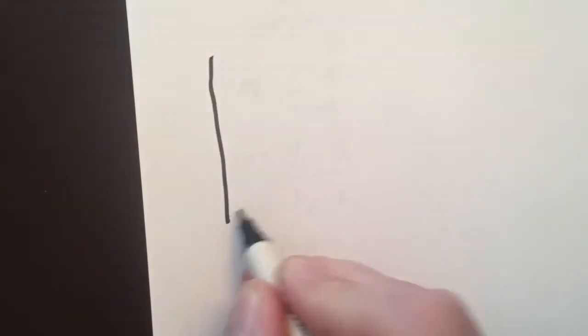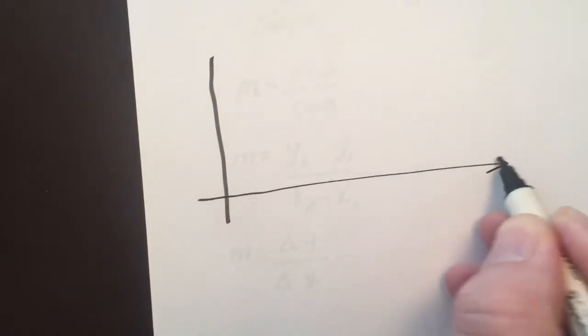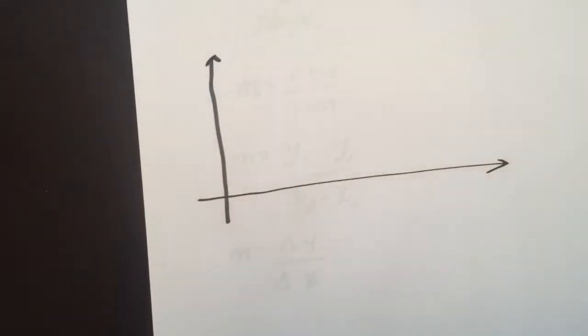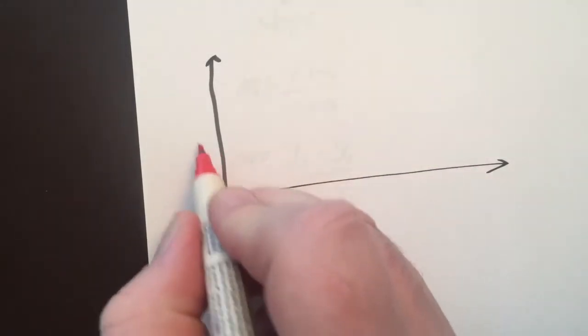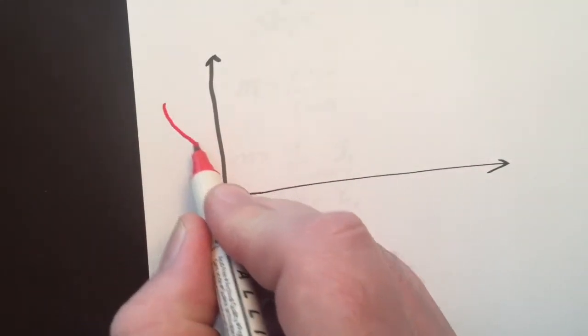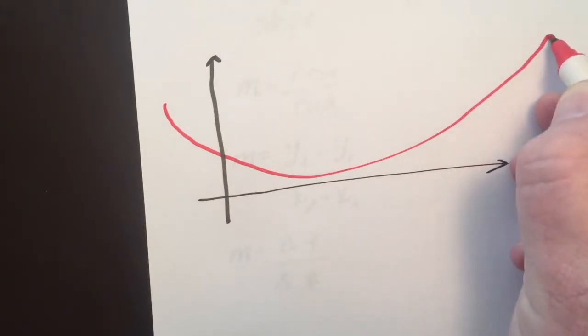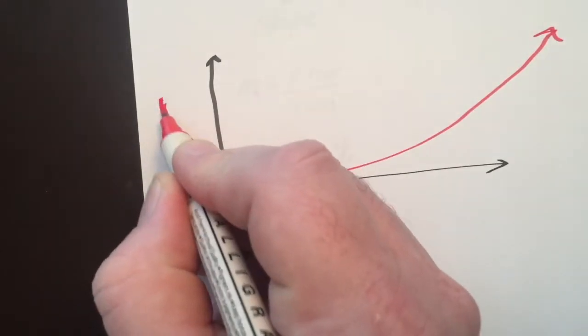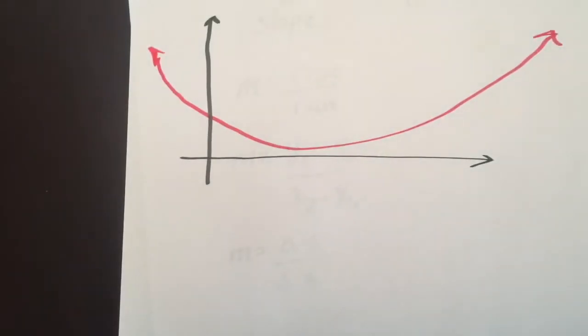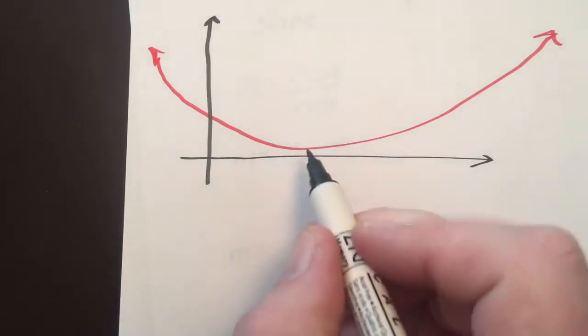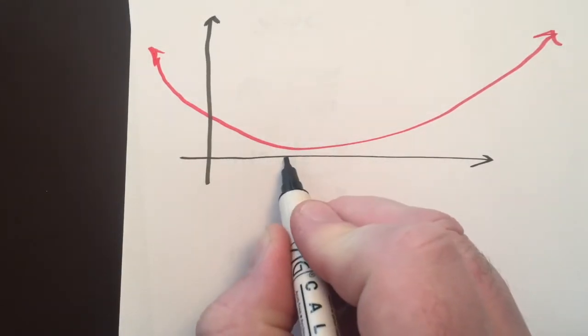So let's just draw an x-axis and a y-axis. As we draw the x-axis and the y-axis, let's create a parabola since we're dealing in the world of parabolas now. And then we're going to put a handful of points, maybe 4 of them, on the x-axis.